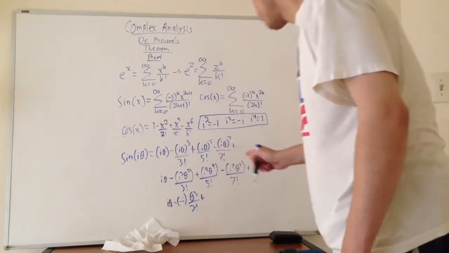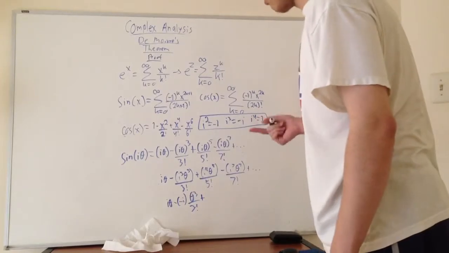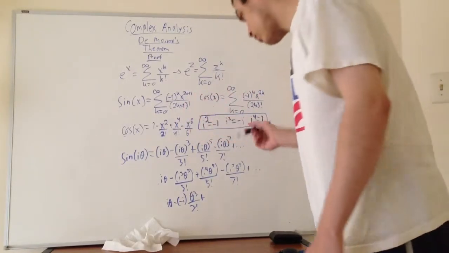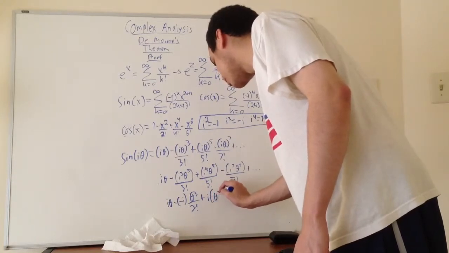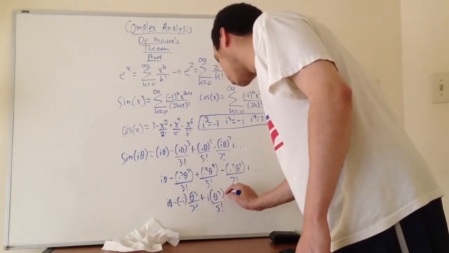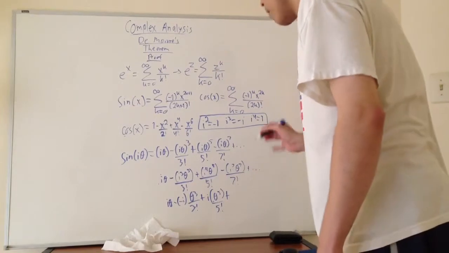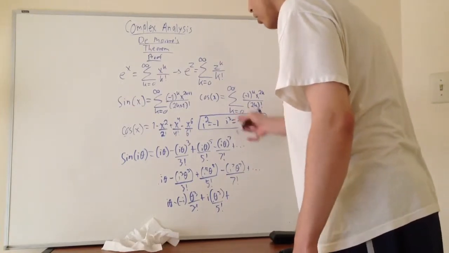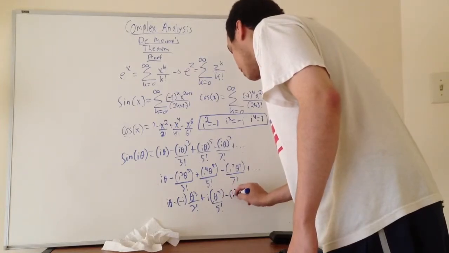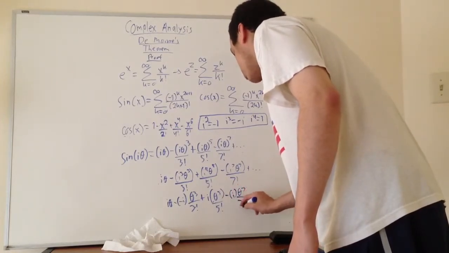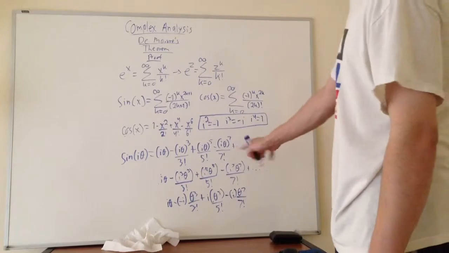And then i to the 5th is actually just the same thing as i. So I can just have i times theta to the 5th over 5 factorial. And then for i to the 7th, this is going to be like i to the 3rd. So again, it's going to be minus a -i theta to the 7th over 7 factorial. And you can see this pattern repeats indefinitely.